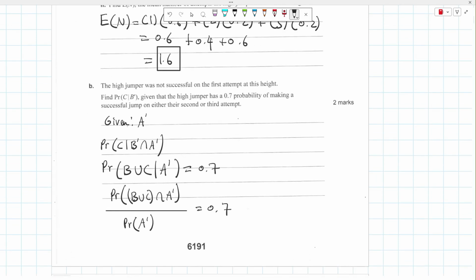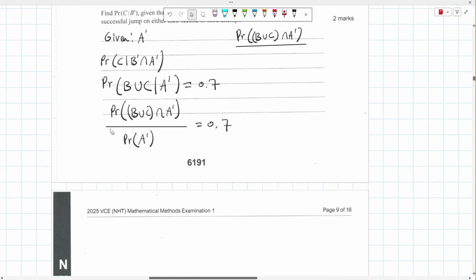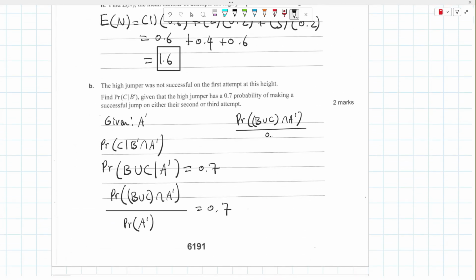Right? Okay. Now we know the probability of A complement, right, from above, and that's really just 0.4. So we get the probability of B or C intersection A complement is equal to 0.7 times 0.4, which should be 0.28.